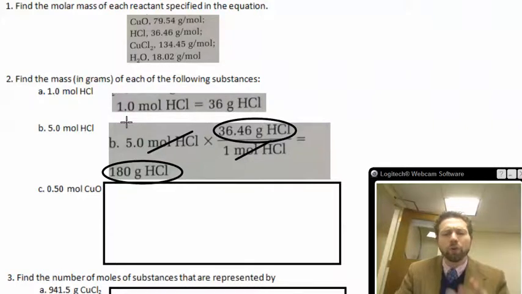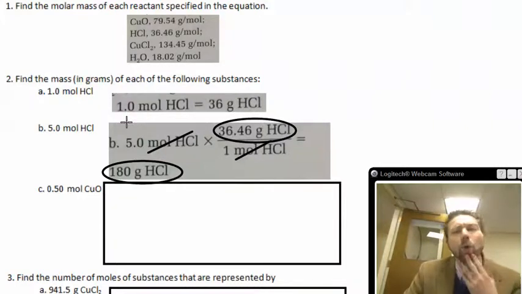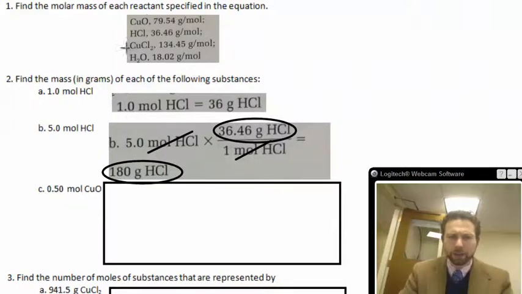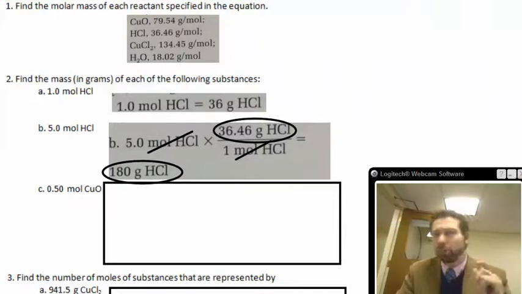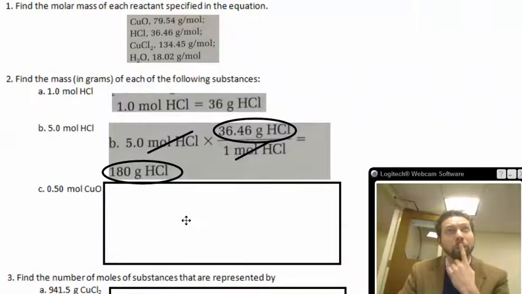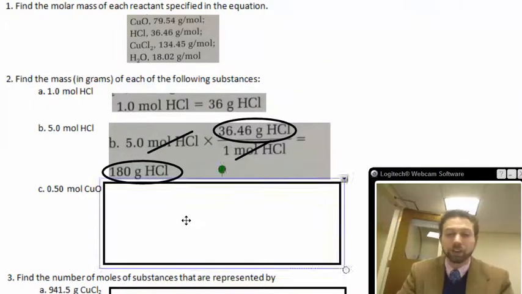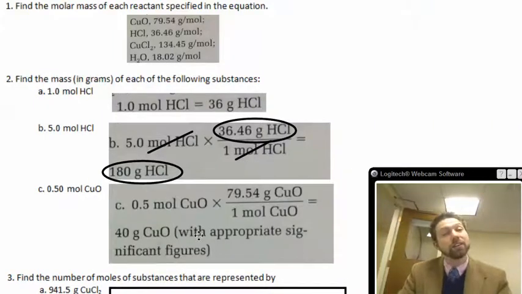What if we had 0.5 moles of copper oxide? What would that be? Well, if we know that 1 mole is 79.54 grams, then 0.5 would be, what would we do? Half. Let's see if that's right. And it is. So roughly speaking, 40 grams of copper oxide is 0.5 moles of copper oxide.